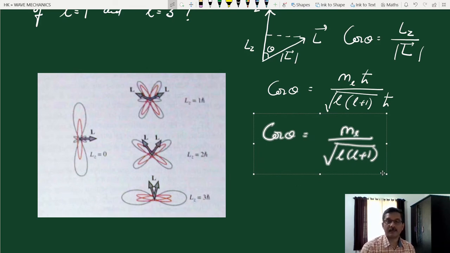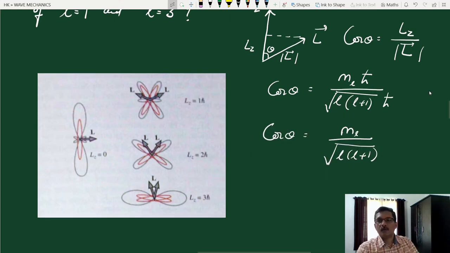Plus or minus L. Let us take positive value. So ml, the largest value is L. So when ml is equal to L, then the numerator will be maximum, and then cos theta will be maximum, closer to 1, theta will be minimum. That is the idea. Okay, so let us do this calculation for L equal to 1 and L equal to 3.